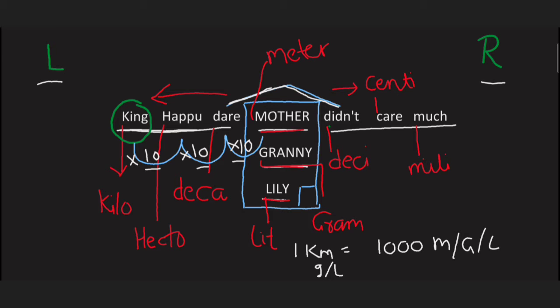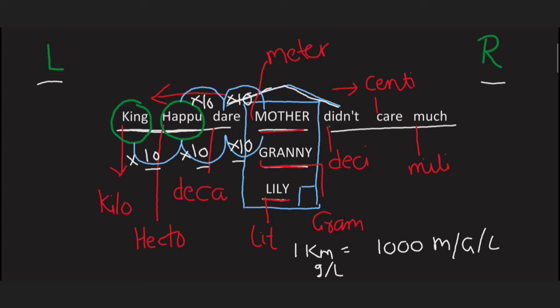Clear? Now Happu, if it wants to jump, can you guess how many jumps it has to take? It is going to take 2 jumps from Happu to dare to home. So it has jumped 2 times, so we are going to multiply two tens.